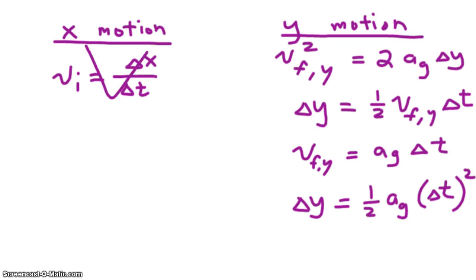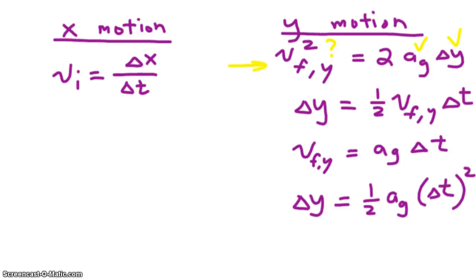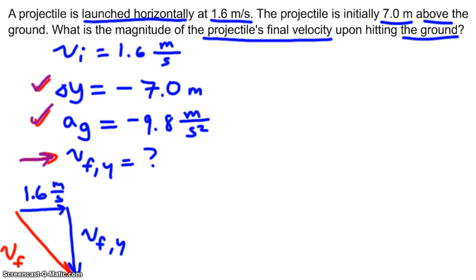And, oh, not x motion. We don't care about those right now. We're looking at the y motion. V final y. Okay, this is good so far. That's our unknown. a g, delta y. This is the one. That's the equation you choose to find v final y.